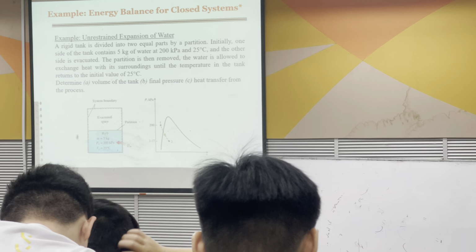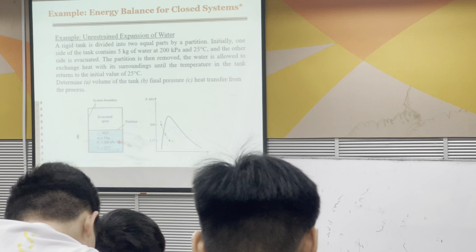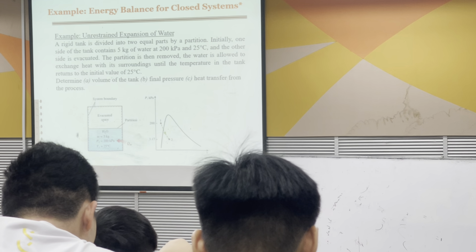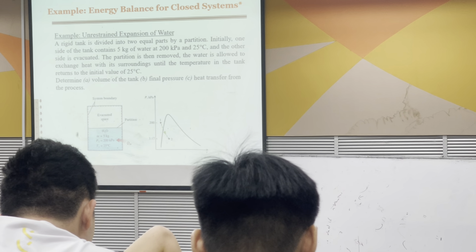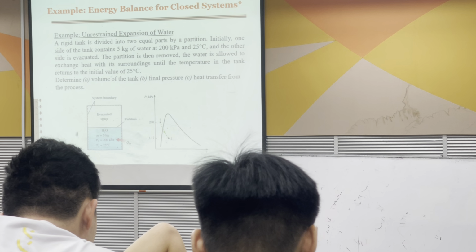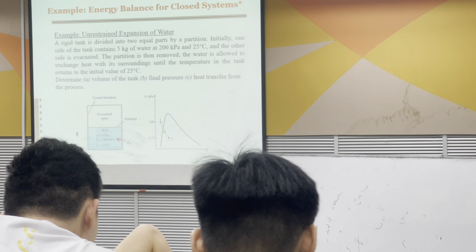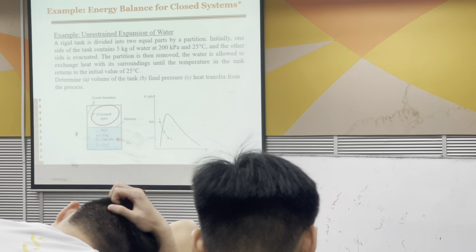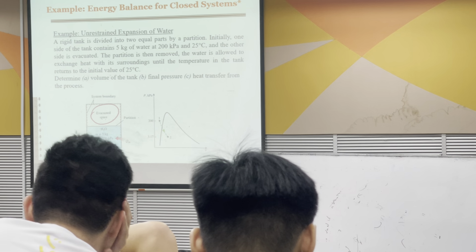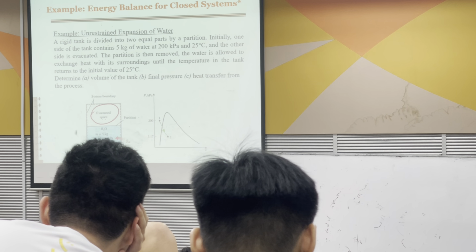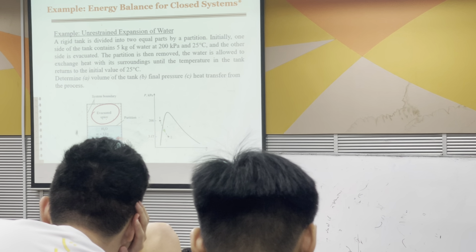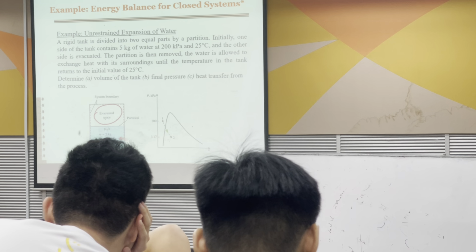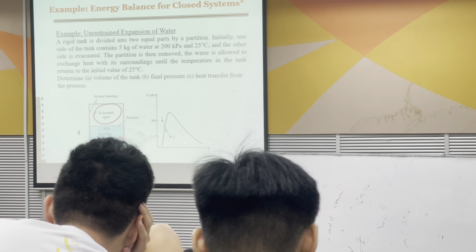Initially, one side of the tank contains 5 kg of water at 200 kilopascal and 25 degrees Celsius, and the other side is evacuated. It means there's nothing over here. The moment you remove the partition, water will try to fill in the blanks, and then it will change state.